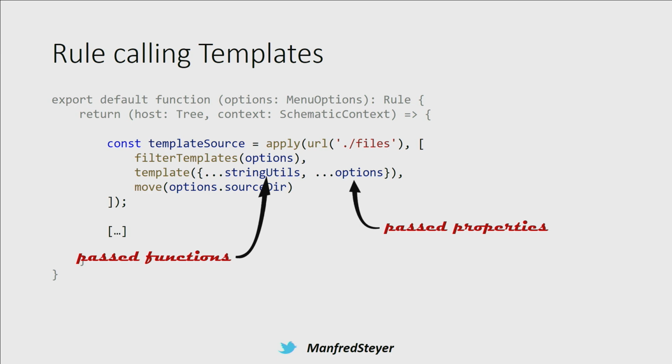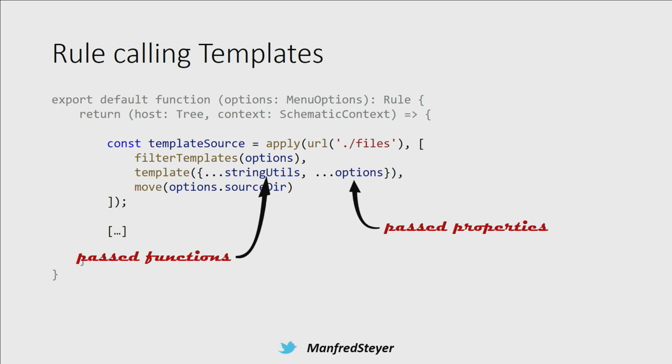For instance, as mentioned, the property dasherize or classify, as well as the property name and path and so on. All the properties get passed to the template. Yeah, and then we need to move everything to the right folder, to the current folder. For this I'm calling the move function here. Move is also replacing the placeholders within the file names.